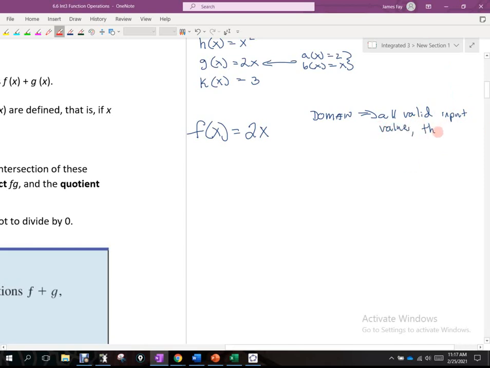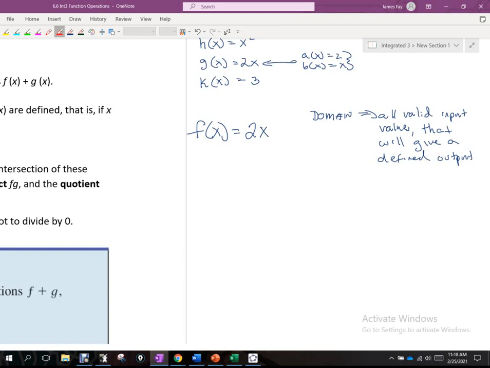And what I mean by valid, it means that they give a defined output. Okay? Essentially, it's all the x values that you can use in your function.